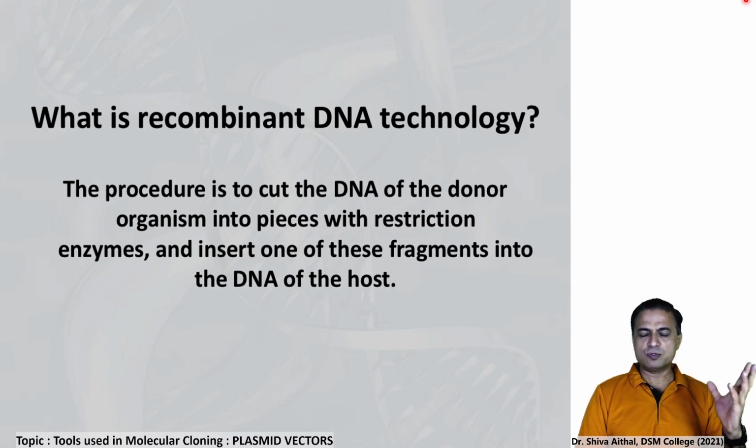So the basic procedure is to cut the DNA of the donor organism, that is the source organism, into pieces and insert one of these fragments, that is the gene of interest. Now believe me, it is very simple for me to say and for you to listen, but finding this gene of interest is just like finding a needle in a haystack.